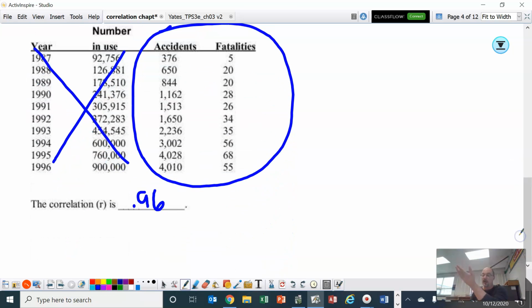This one, the dots are rising or going up, because the more accidents occur, the more fatalities there are, and that is very strong. That is a very strong relationship. Again, the closer you get to 0, the weaker it is. The closer you get to 1 or -1, the stronger it is.